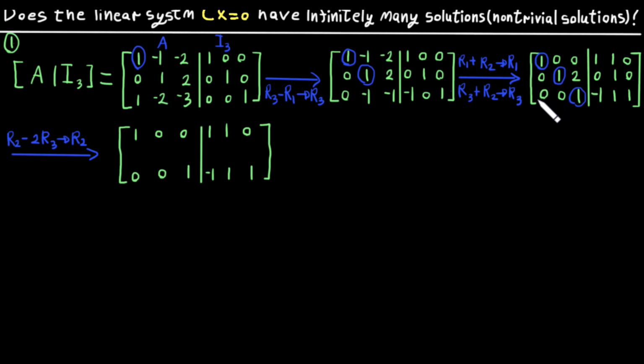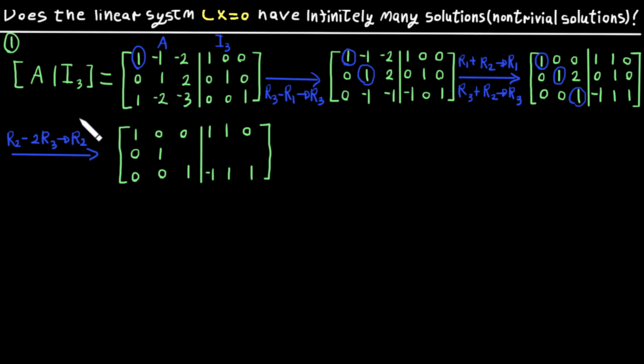Here, row 2 minus 2 multiplied by row 3. So here we have row 2: 0 minus 2 multiplied by 0, which is 0 minus 0, which is 0. So here I have to write 0. 1 minus 2 multiplied by 0 here, so it will be 1 minus 0, which is 1.